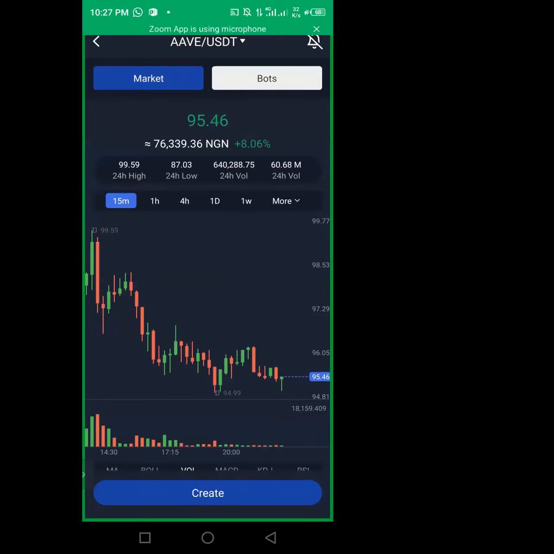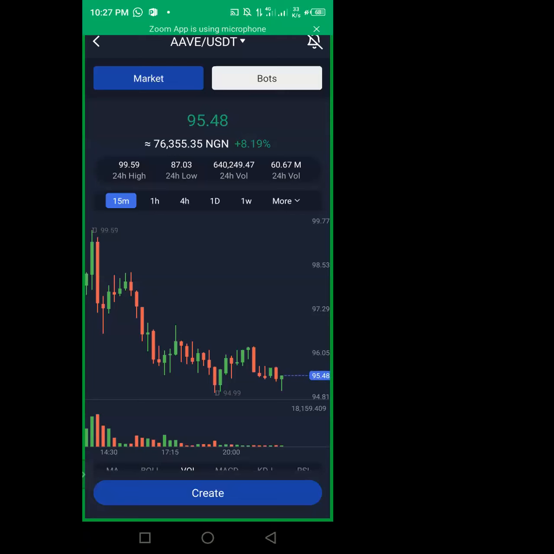But maybe before morning or before midnight, you should get your 2% from this trade. You can see it went up to 99 and has come down to 94. It also tested another support at 95 point something, and it has started going up.